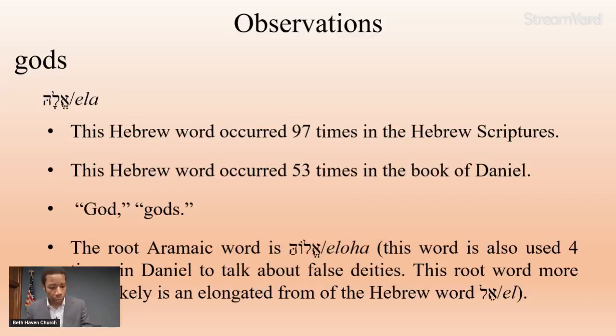The root Aramaic word is eloha. This word is used 4 times in Daniel, again, to discuss false deities. And this root is more likely an elongated form of the Hebrew word El. El is the singular form for God. This is the plural form in Aramaic.